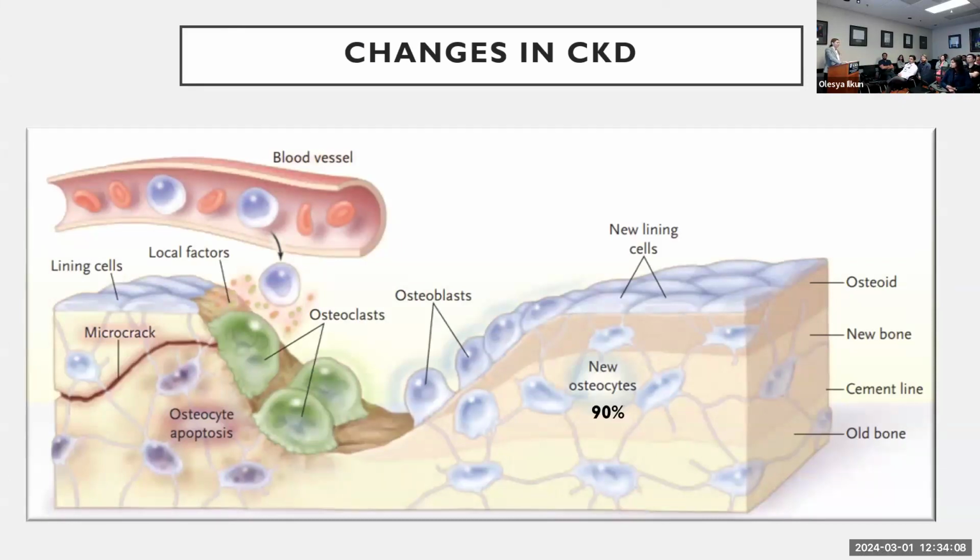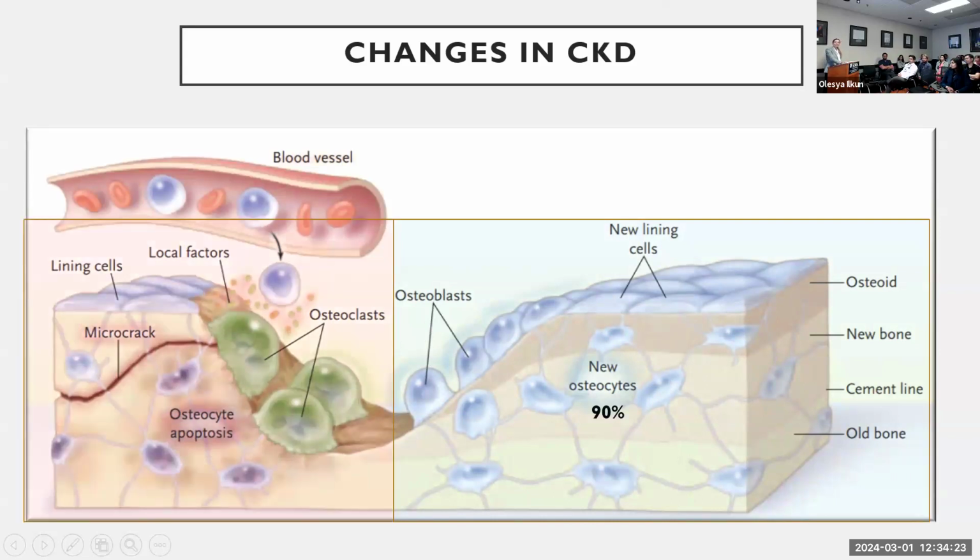Now, mineral bone disease and bone disorders. An alkaline environment promotes deposition of new bone, so action of osteoblasts and formation of osteocytes, and an acidic environment promotes resorption of the bone and action of osteoclasts.